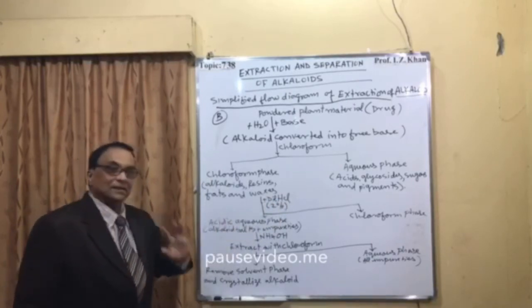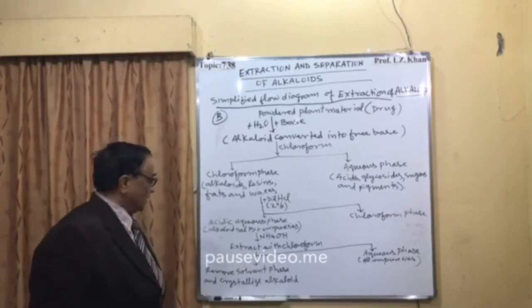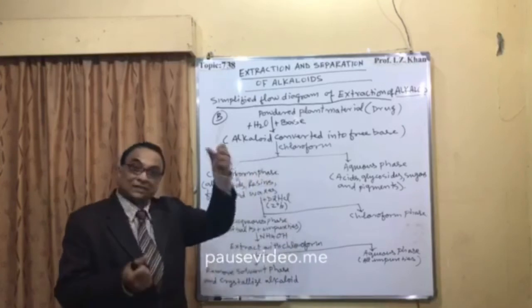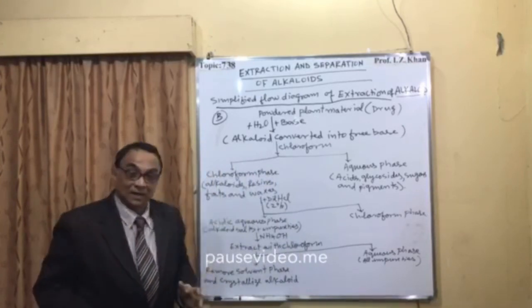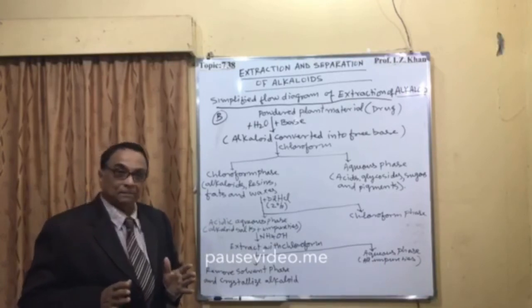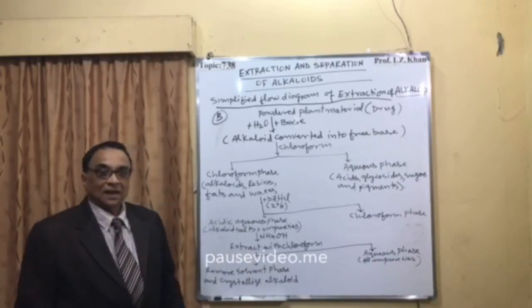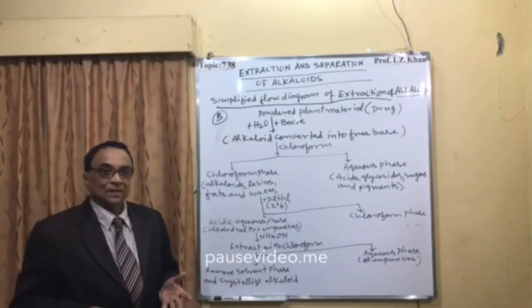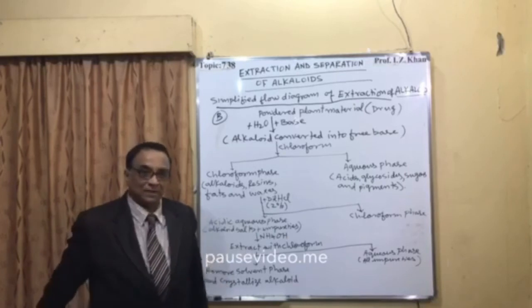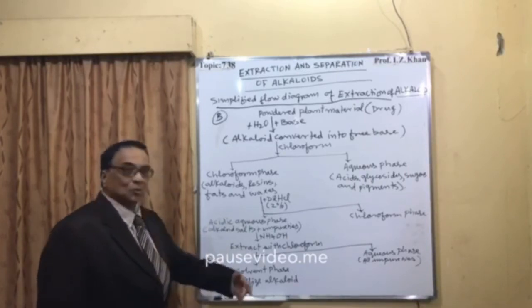This one you then treat with ammonium hydroxide. Once it is treated with ammonium hydroxide, you extract with chloroform, the separating funnel I have already shown you. So in that treating with chloroform, your chloroform phase will have the alkaloid, and all the alkaloids will be extracted out, and then remove the solvent.